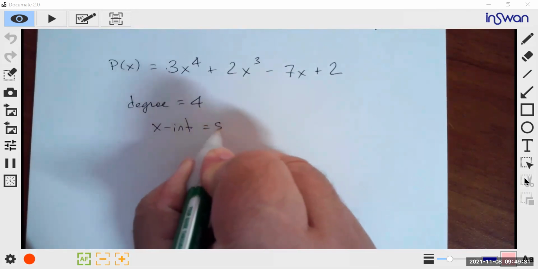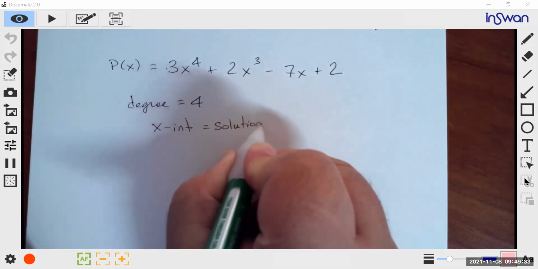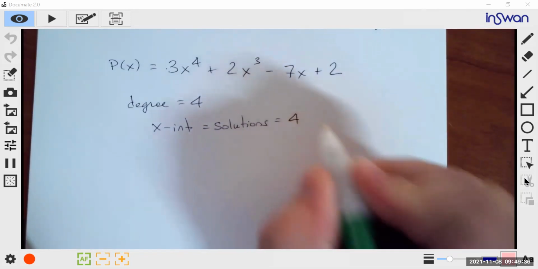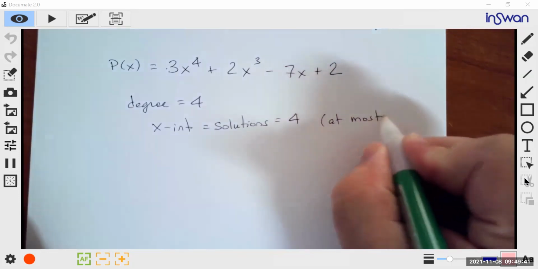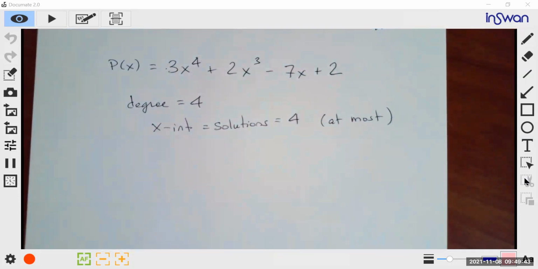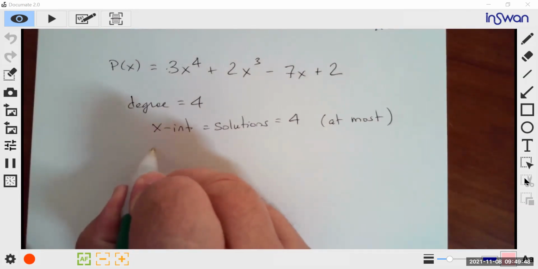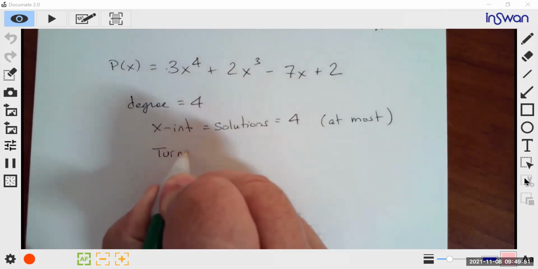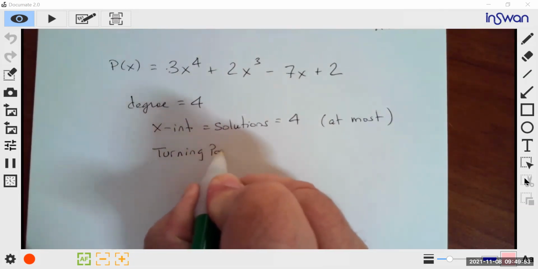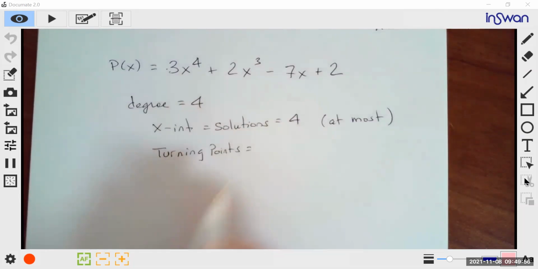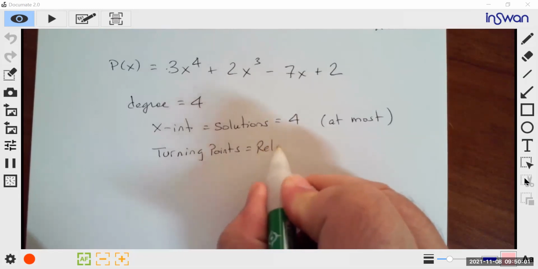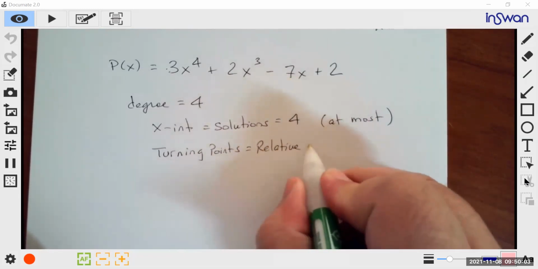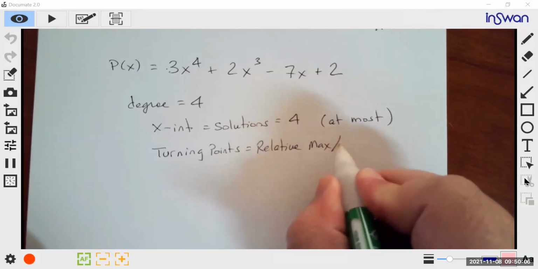the x-intercepts are actually called solutions. We have at most 4. Turning points are the same thing as a relative maximum or relative minimum.